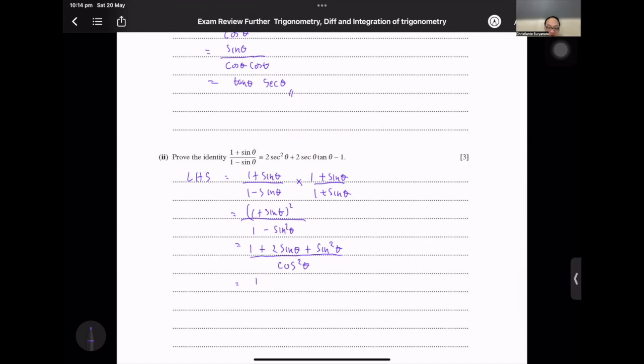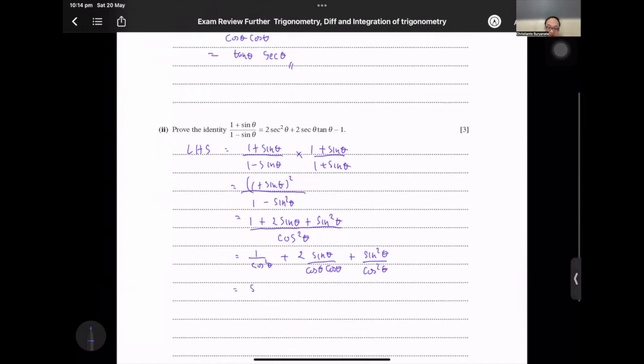If we simplify, we will have 1 over cos square theta plus 2 sine theta over cos square theta, I expand it, plus sine square theta over cos square theta.